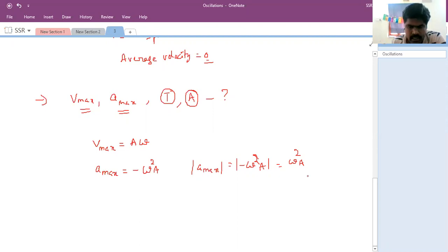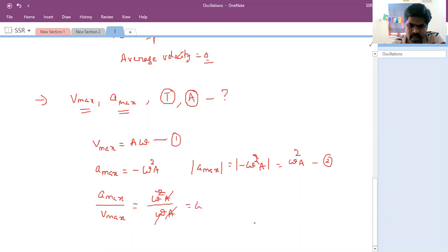Then from this, how to find the time period? Suppose you take equation 1 as Vmax, equation 2 as Amax. Then you can write magnitude of Amax by Vmax, that is equal to omega square A by omega A. Are you clear on this? Then A cancels, omega square by omega, one omega cancels.